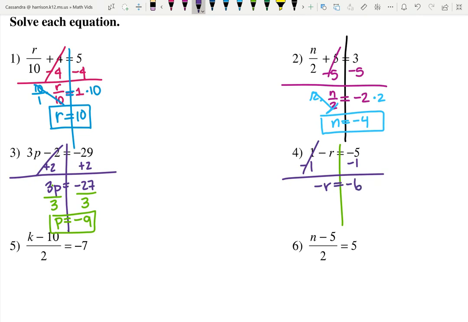Okay, now some of you are like, well, what do I do now, Ms. Woolen? I don't have a number like I did on number 3. I had the number 3 to divide by. I don't have anything to divide by. I just have this random negative sign that dropped down with the r, okay? There's an invisible -1 in front of r. When I say the word apple, there's nothing in front of the word apple. How many apples is that?